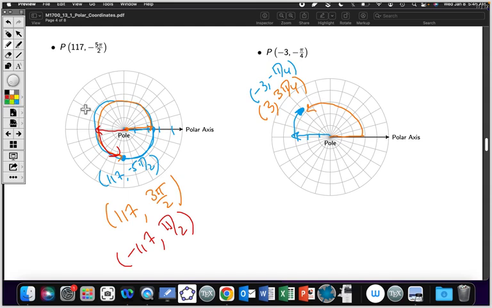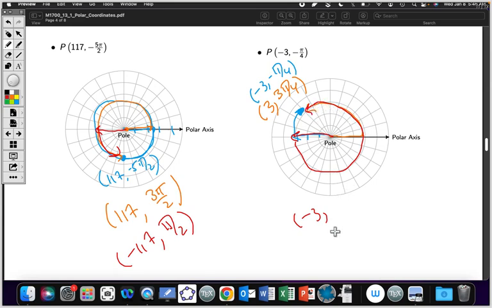And if I wanted a third one with the negative r value, I could go negative 3. I could add 2 pi to this, so I could go negative pi over 4 and then another negative 2 pi. I could do that. Or if I added positive 2 pi, I could go this way and then sweep around here.